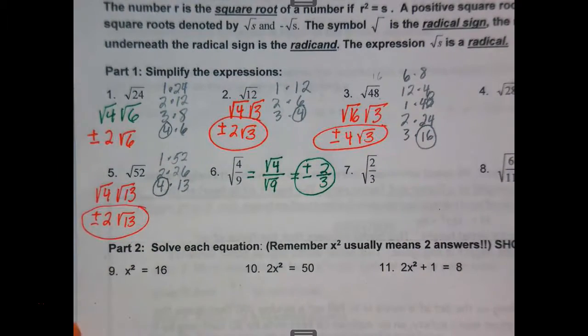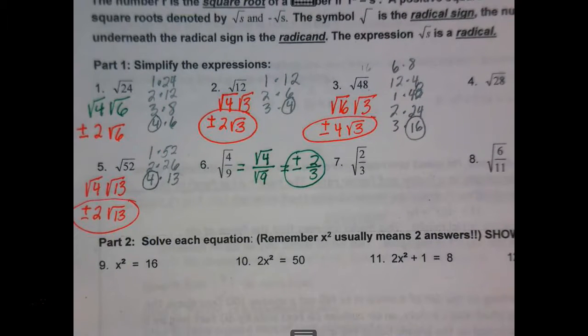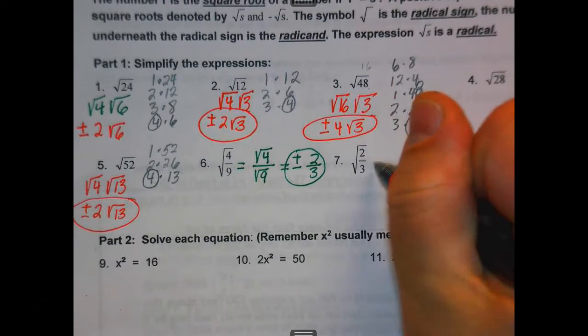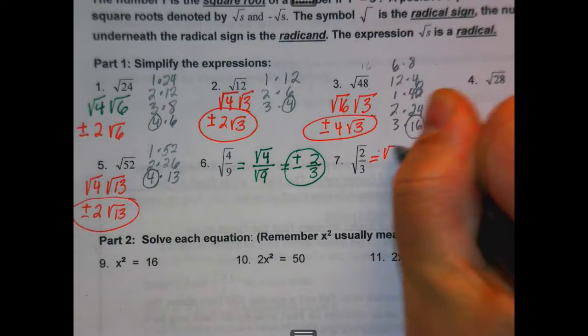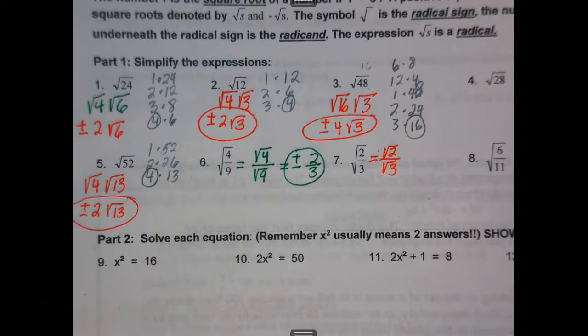Now, the other one. This is where a student starts skipping it. Because when you split this up, here we go. I cannot leave a radical in the denominator, correct?